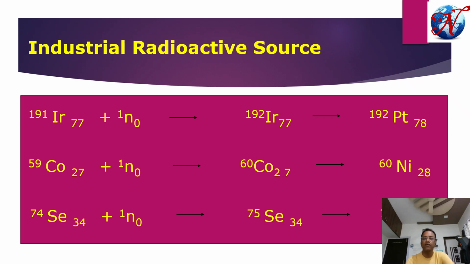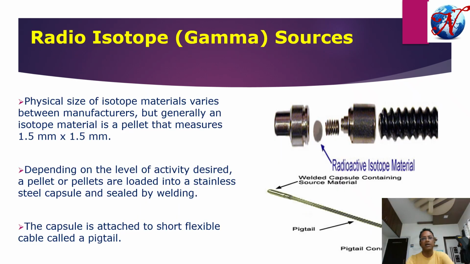Selenium-74 in the natural state is bombarded with neutrons to convert it to selenium-75. It is also a beta emitter, and after the beta decay it is converted to bromine, and we get the gamma radiation.